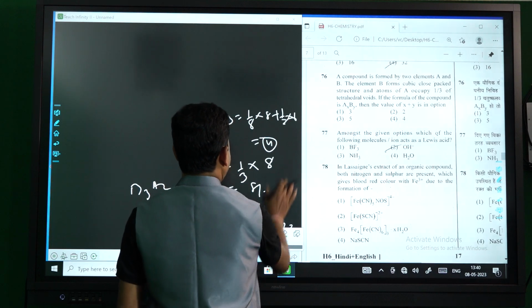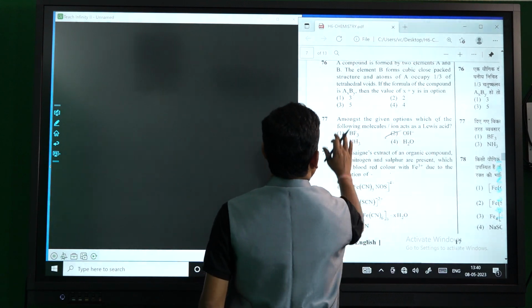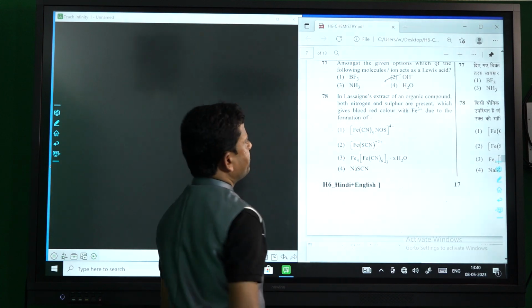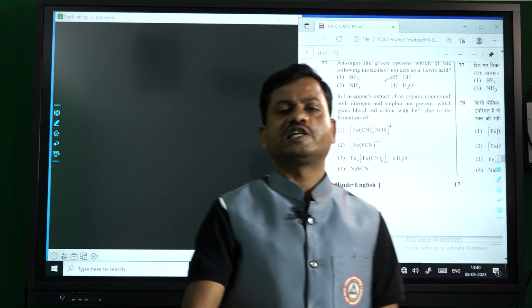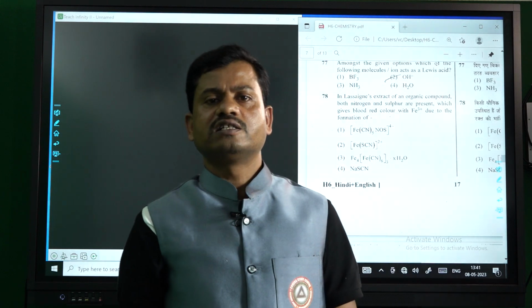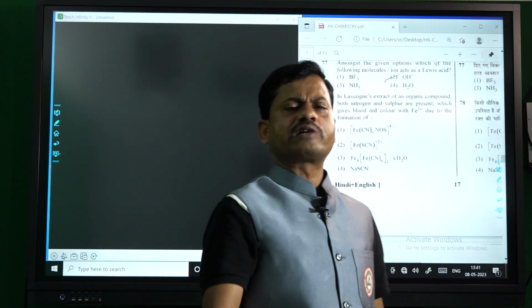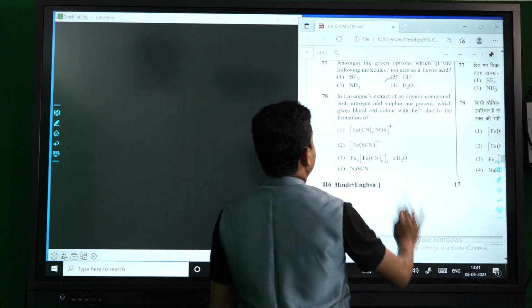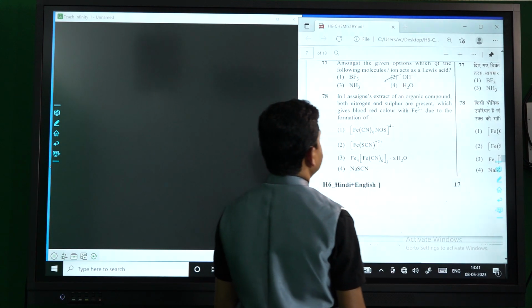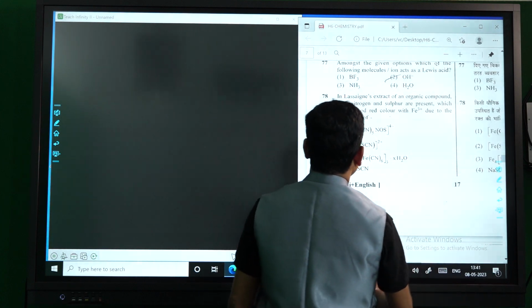The question comes from solid state. Very basic question. Now question number 77. Among the given options, which molecule or ion is a Lewis acid? Dear students, Lewis acid means a positively charged species or electron deficient species. NH3, water are electron rich species, OH minus is a negatively charged species, Lewis base.